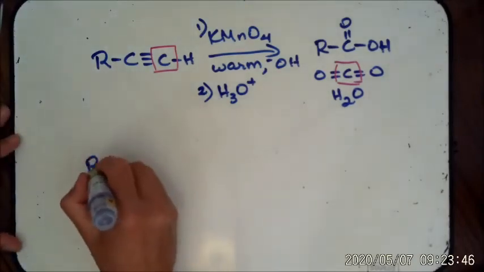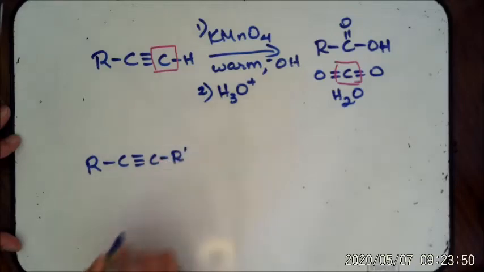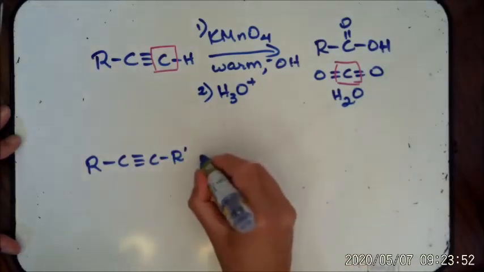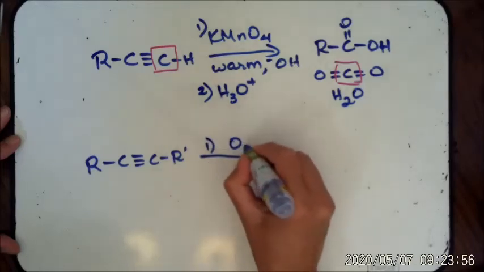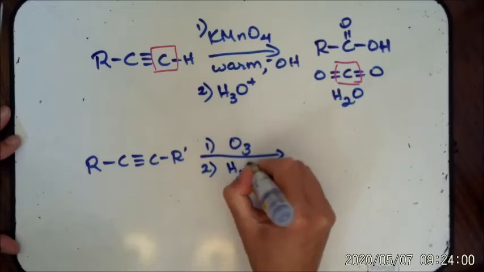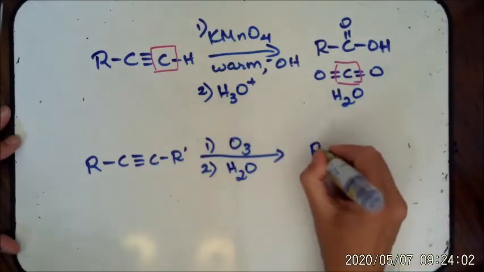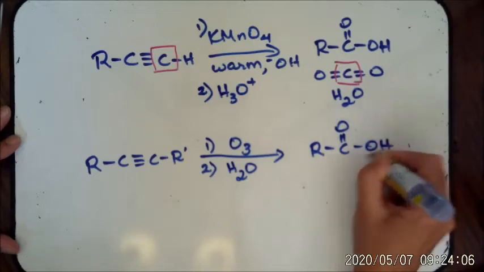Another way you can do cleavage, and in this case, I'll use an R prime, okay, is you're going to use ozone, and then you're going to have water. And when you do that, you get your carboxylic acids.